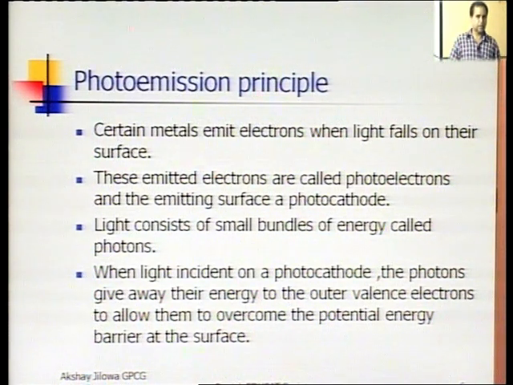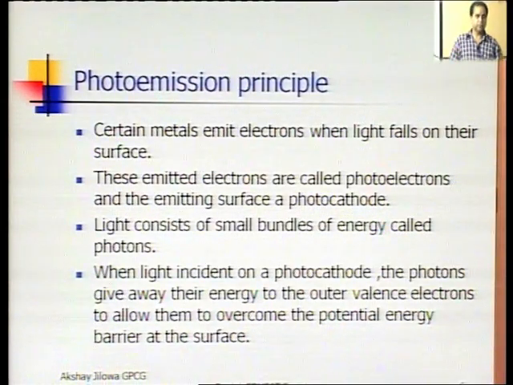As these electrons are emitted because light falls on that metal, they are called photoelectrons, because they have been emitted due to the striking of photons on that particular area of the surface.